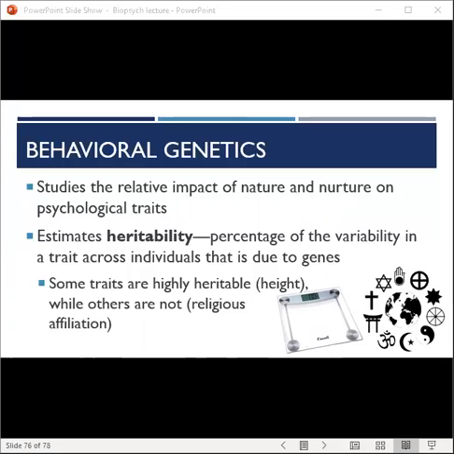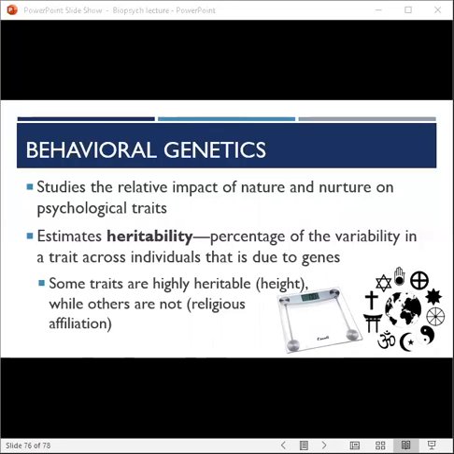But heritability estimates only reflect what causes the variation in traits. They don't really say anything about what causes the traits themselves. And heritability is ultimately a statistical estimation of the contribution of heredity to individual differences in a specific trait. So it's measured on a scale from 0 to 1, or we could think about it as a percentage from 0% to 100%.